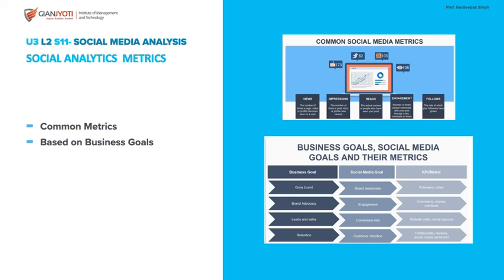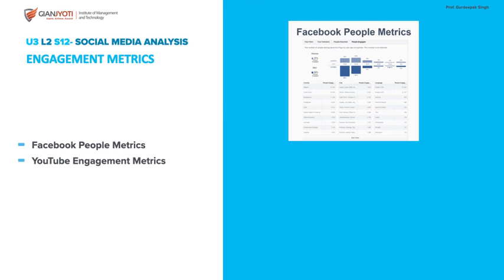If my goal is leads and sales, the metrics are conversion rate, website visits and email signups. And if I talk of retention, I want to retain the customers. So for customer retention, testimonials, reviews, and social media sentiment are what you have to look at. So these are some of the engagement metrics.